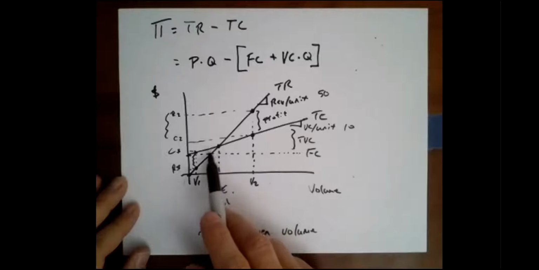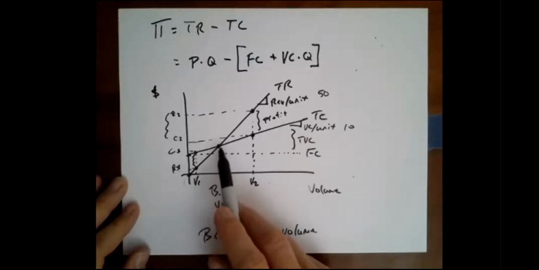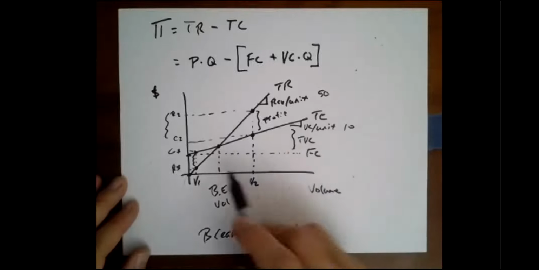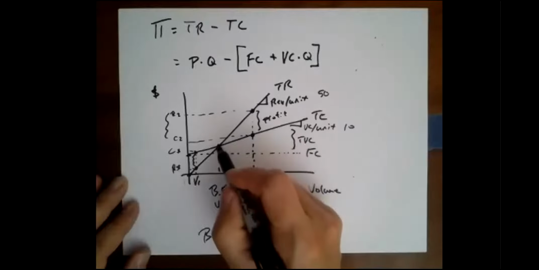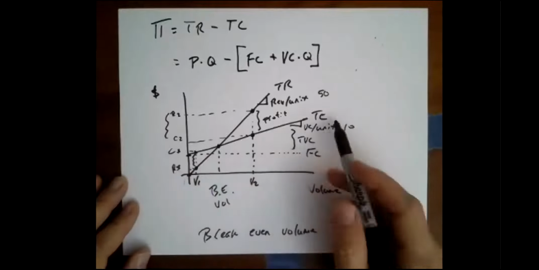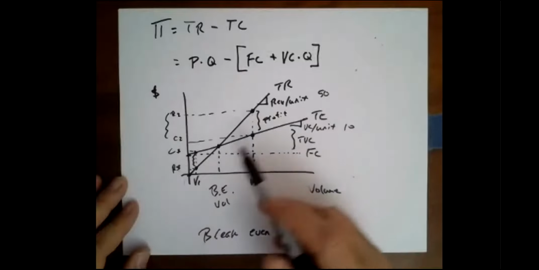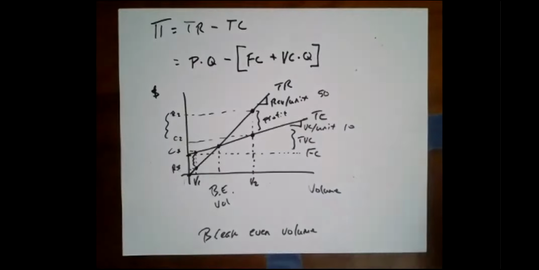Well, the point at which we transition from making a loss to making a profit is called the break-even point. And so graphically, we can see that as being the point at which the total revenue curve crosses the total cost curve. I realize I'm using the phrase curve because these could be curved. In this case, they happen not to be.